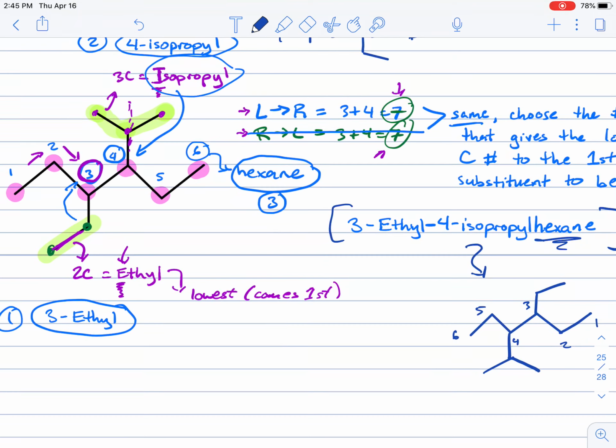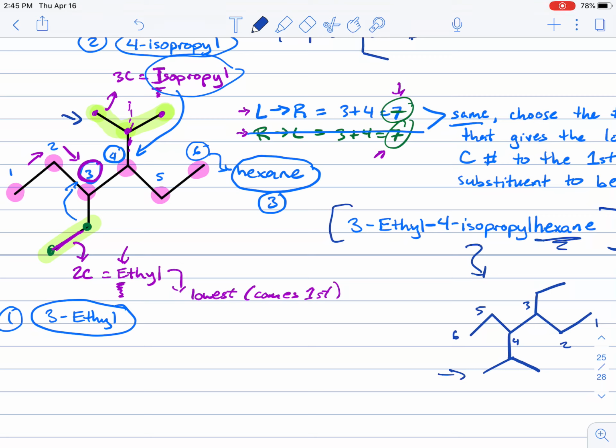Notice that the isopropyl is up, and here the isopropyl is down. So there was a flip, and then another rotation. So you can go ahead and practice that as much as you can, so that you are familiar with going from the name to the skeletal structure and vice versa.